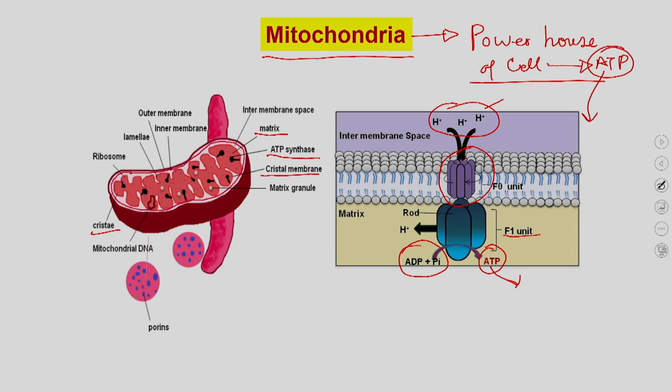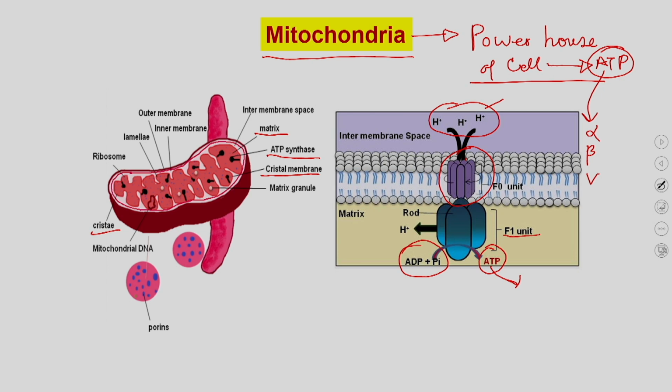So, it contains alpha, beta, gamma, and all these alpha, beta, gamma proteins have their exclusive functions, and with the help of the proton gradient, the ATP synthase is rotating. As a result it is combining the ADP and Pi to synthesize the ATP.